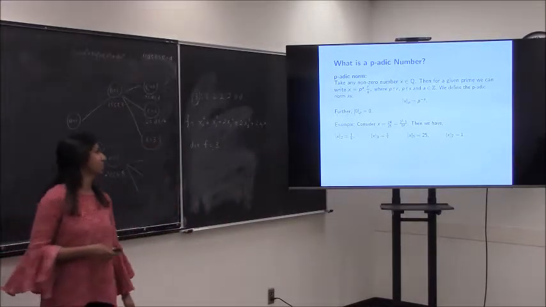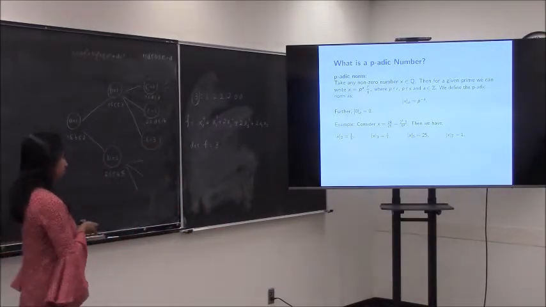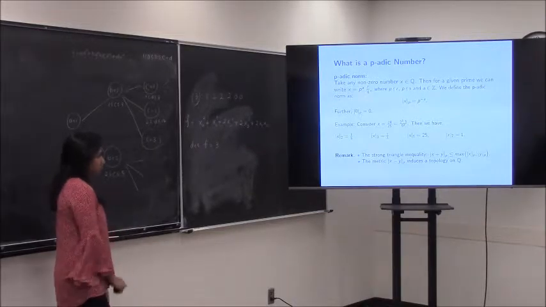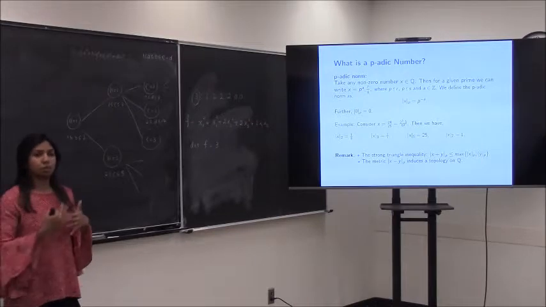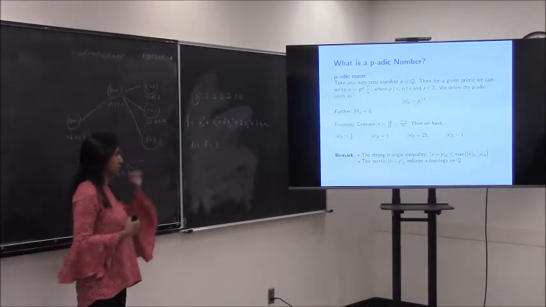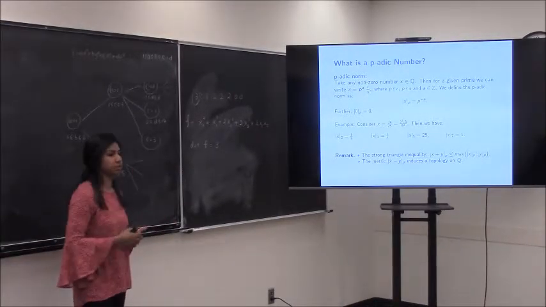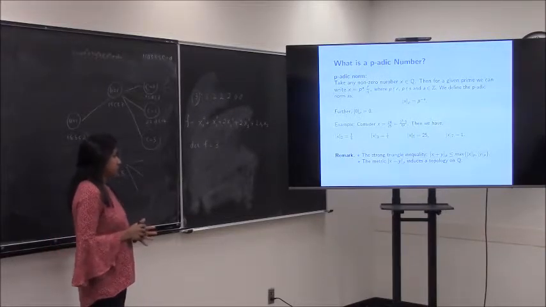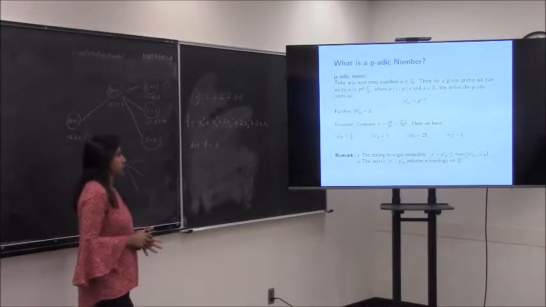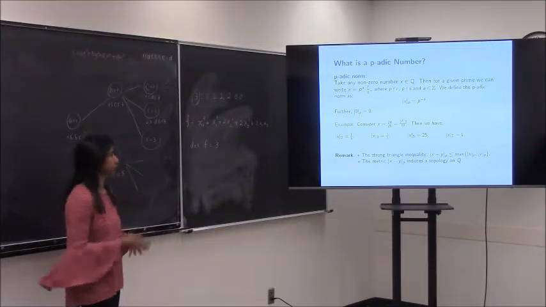Okay. So this p-adic norm obeys the usual norm axioms, but instead of the triangle inequality, we have the strong triangle inequality here. And also the p-adic metric induces a topology on Q.